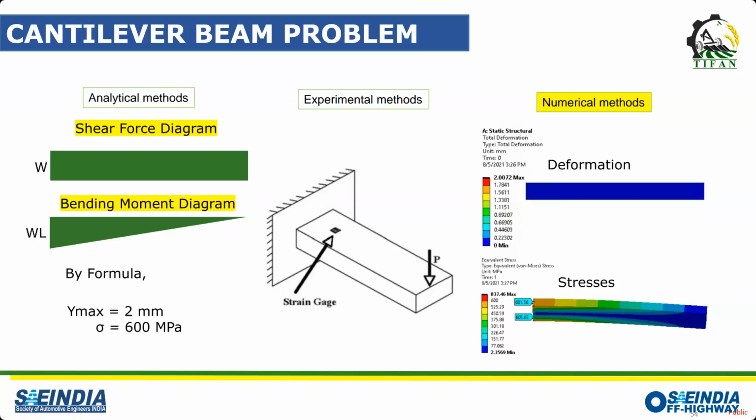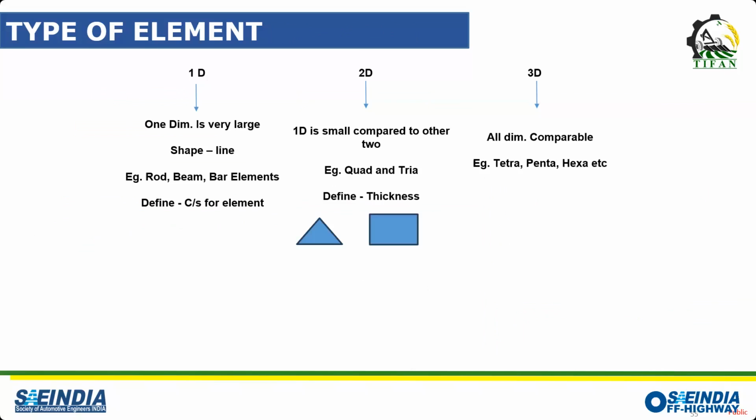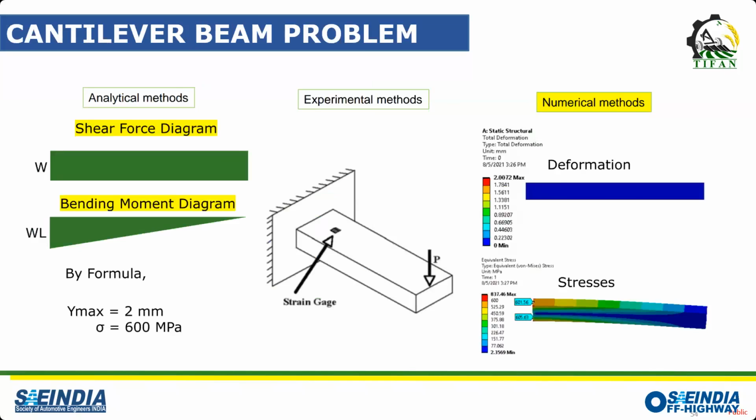So if P is the force, P will be our shear force, and it will be a rectangular shear force diagram. Sign convention: generally I take right side upward as negative. So this is downward, so this is positive, and then this will come down negative. For bending moment, we can just calculate P into L, and that will be maximum here, and a straight line.